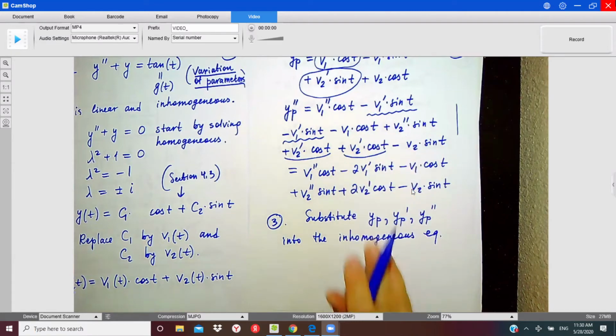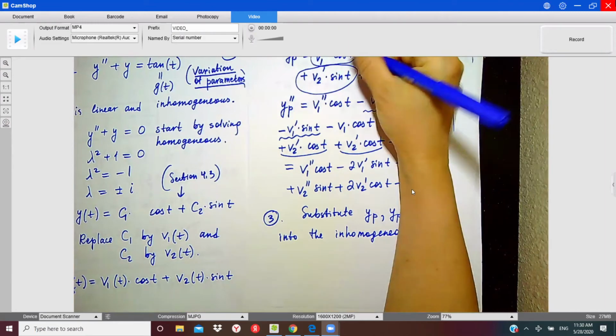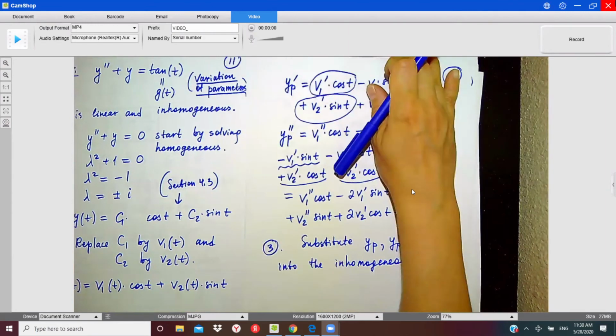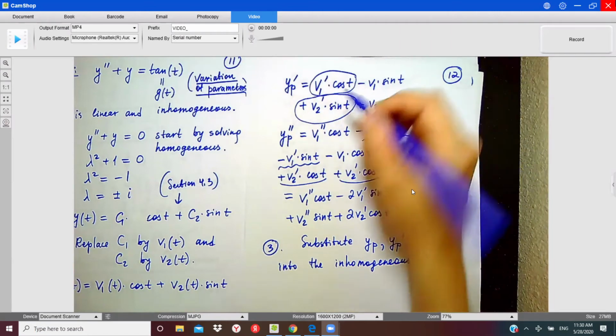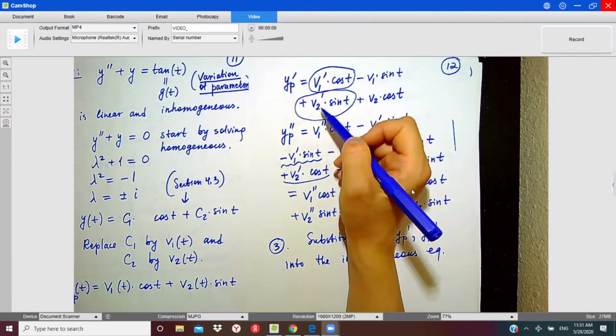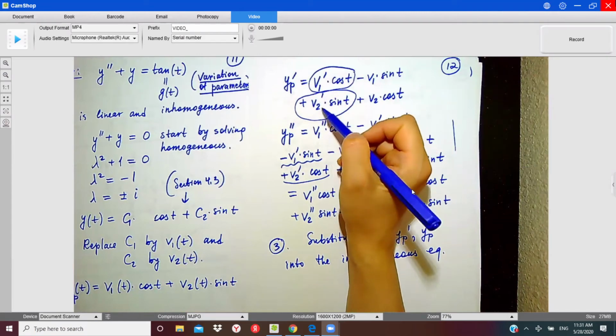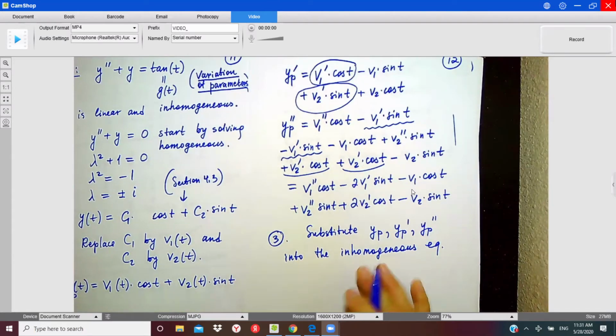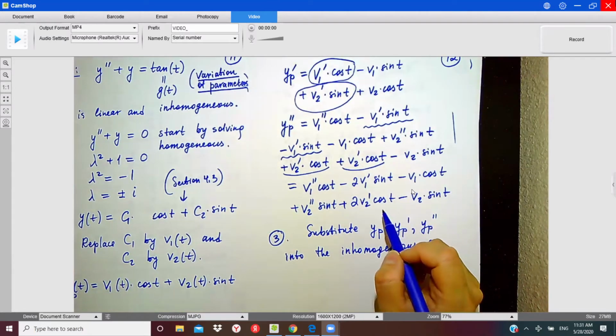Well, that makes sense. So one more time, they set v sub 1 prime cosine t plus v sub 2 prime sine t equal to 0. These entire two terms together, the sum is 0. So if you do that, then many of the terms you have here will be gone.